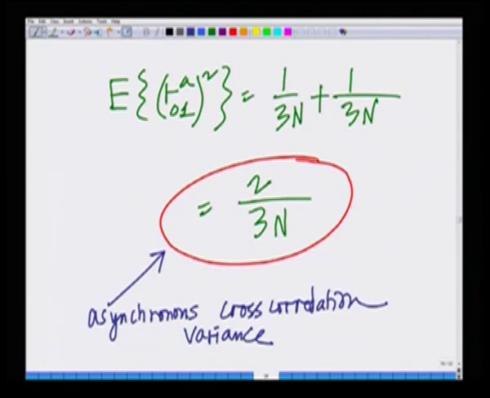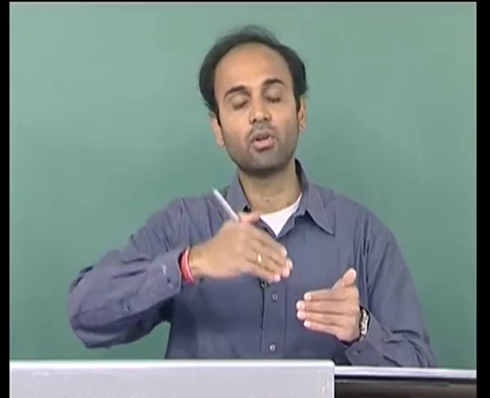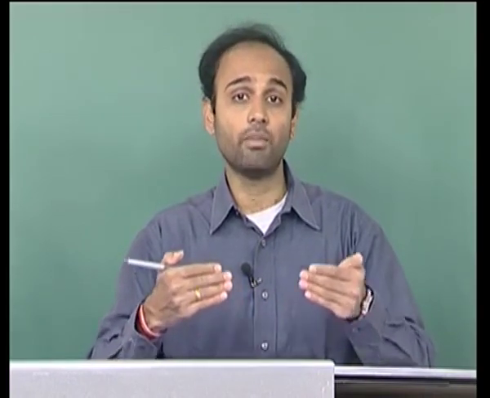Previously we had 1 over n, now that is reduced to 2/3 of 1 over n. Now, you can see the reason for this is intuitive, because as you shift the different sequences, you are increasing the randomness, because now each sequence is correlating, part of it is correlating with one sequence, part of it is correlating with shifted sequence. So, now you are increasing the randomness, the more the randomness there is, the better it is.